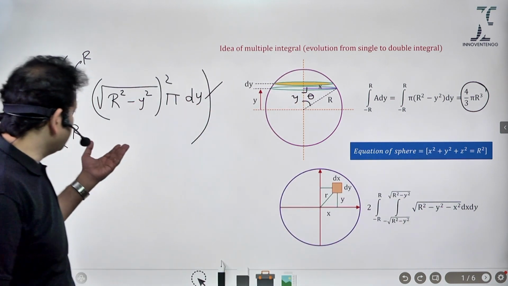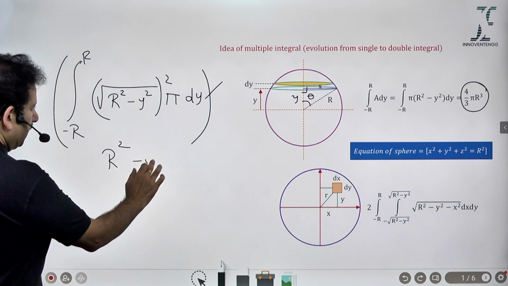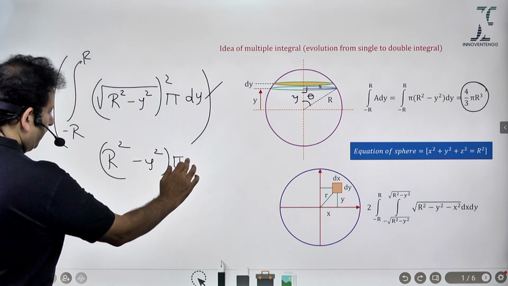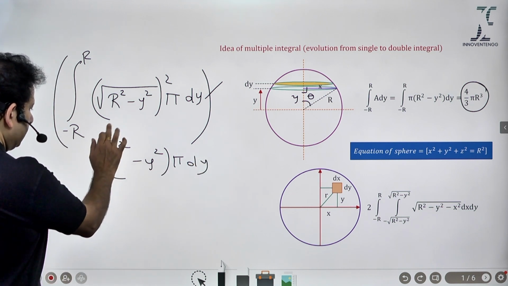pi r cube. Of course, it's quite easy to integrate because this is r square minus y square, multiplied by pi dy, from minus r to plus r.